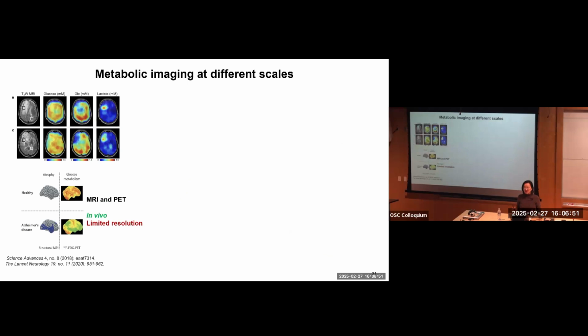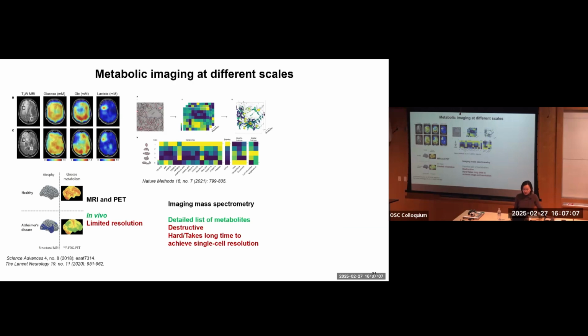Despite its importance, it's very challenging to visualize cell metabolism at the single cell level. There are many existing technologies to do that. For example, with MRI and PET, we can do whole organ level metabolic imaging, but with that spatial resolution, we cannot see cellular or even sub-cellular metabolic processes. There's another technology called imaging mass spectrometry, where we can get detailed metabolic products, but it's destructive and also takes a very long time to achieve single cell resolution.